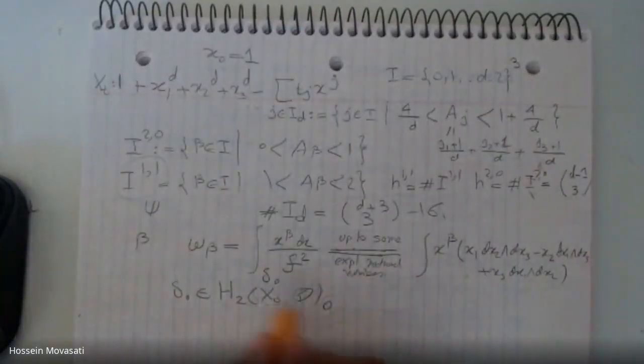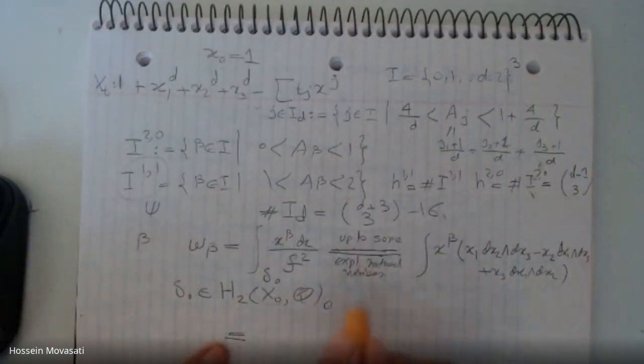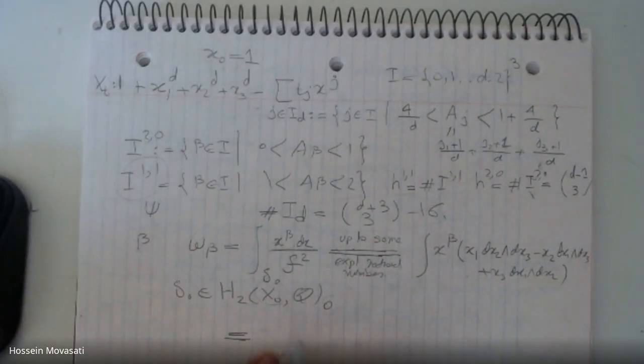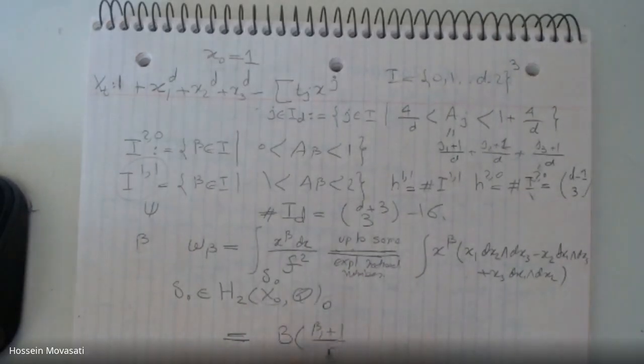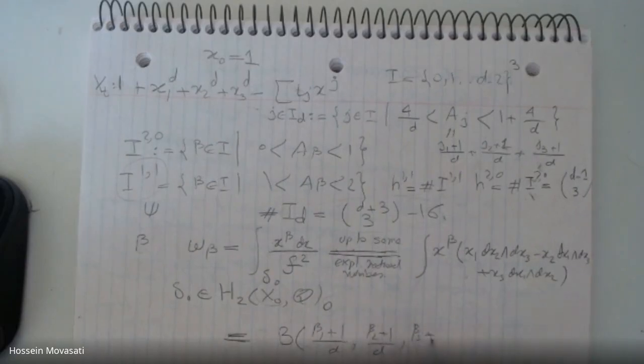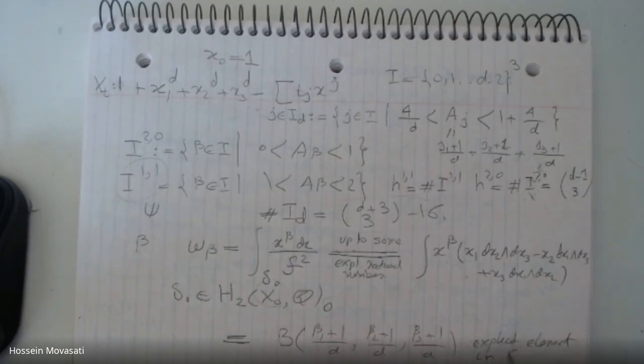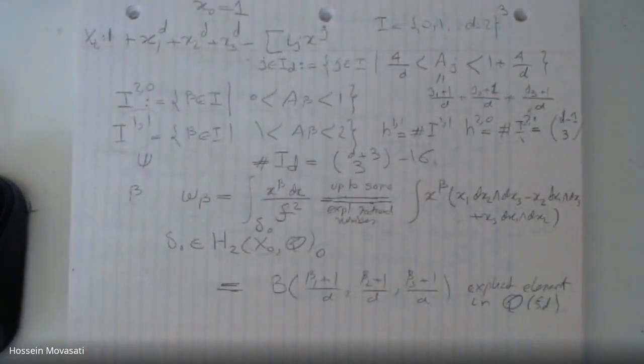Again we did everything up to some explicit rational number. We computed this integral, beta 1 plus d, beta 2 plus d, beta 3 plus 1d, and then an explicit element in Q zeta d. So these are the computations that we did so far.